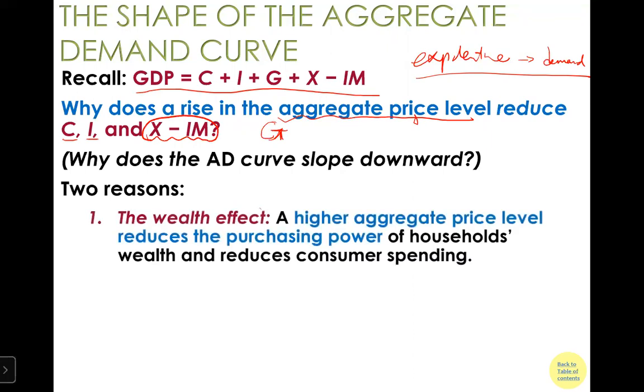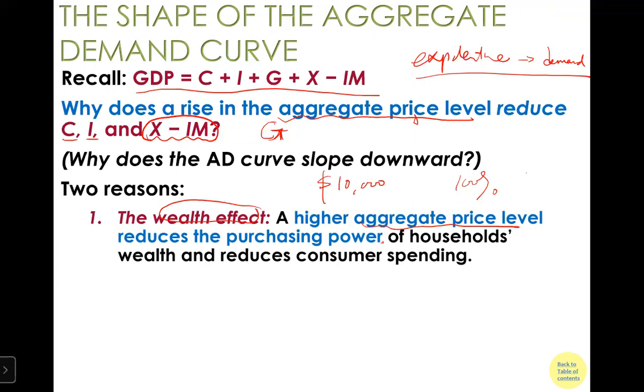First is the wealth effect. What is the wealth effect? A higher aggregate price reduces the purchasing power of households. Imagine you have a 10,000 deposit, and that's all your wealth. Suddenly the price level increases, or we have an inflation of 100%.